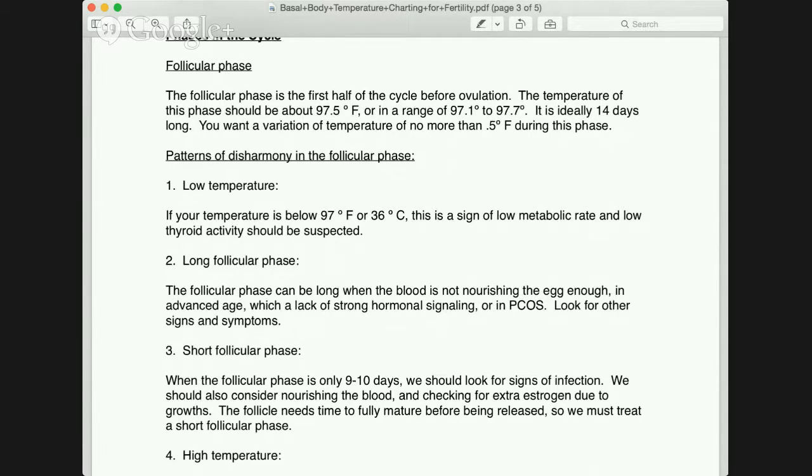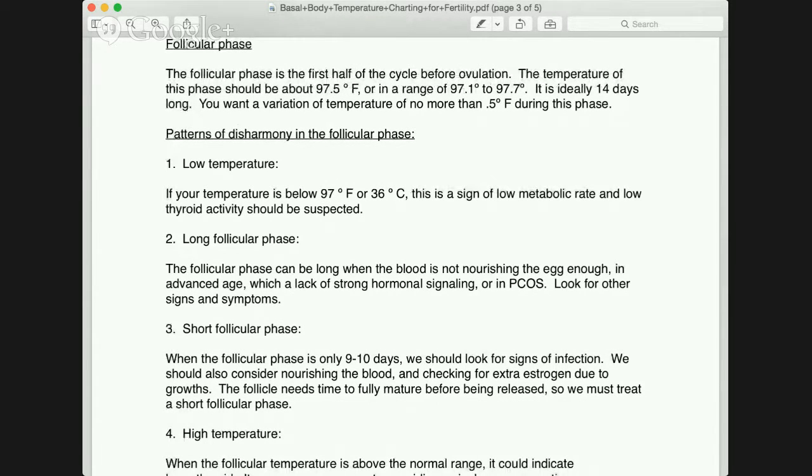It doesn't necessarily mean that they have Hashimoto's or a severe thyroid disease, but I would recommend in these cases getting the thyroid checked, getting a full thyroid panel, and even just supplementing with things like 500 micrograms of iodine a day, getting a little selenium, making sure they're not eating a lot of bread or having chlorinated water, or maybe even avoiding fluoride treatments if they're doing any fluoride orally. Just kind of suspect the thyroid, so to speak, if you see low temperatures there.